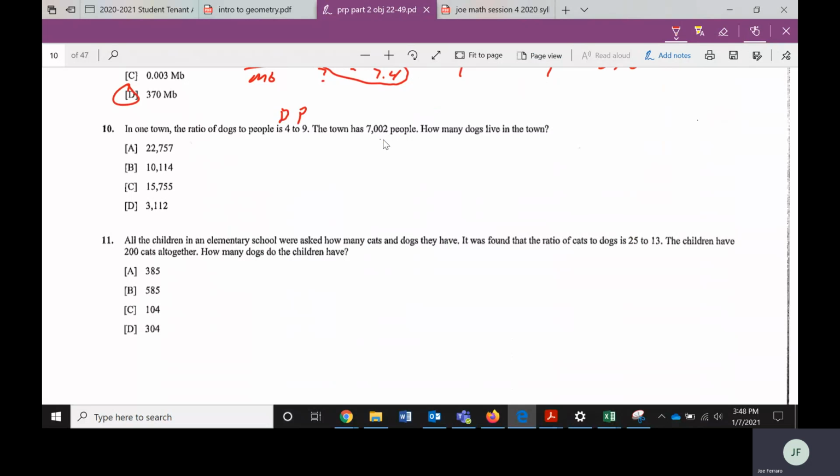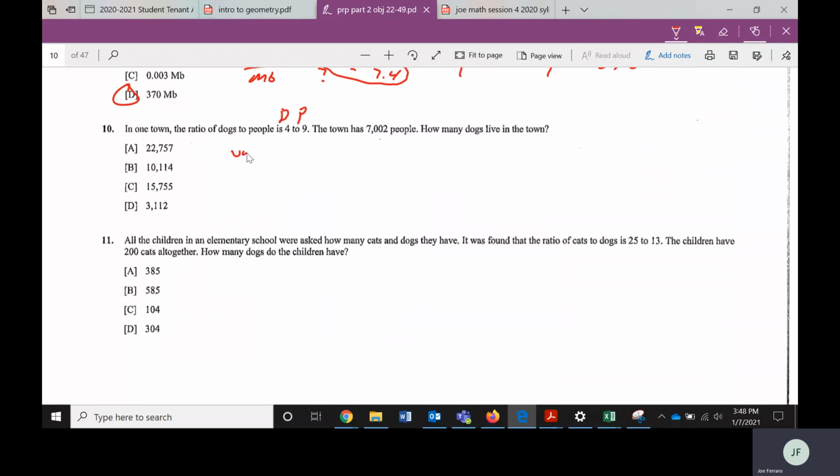The town has 7,002 people. How many dogs are in the town? So this is just a pretty straightforward one, but I'm doing it because we didn't really see one that is this straightforward. So I just wanted to give you another example. And that's why, when you get a test and the first question looks like, I don't know how to do this, keep going and you're going to get easier ones like this.